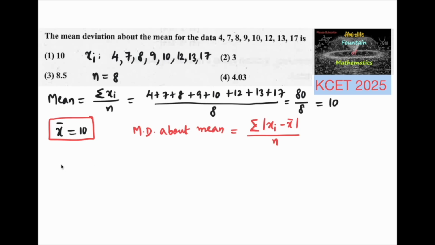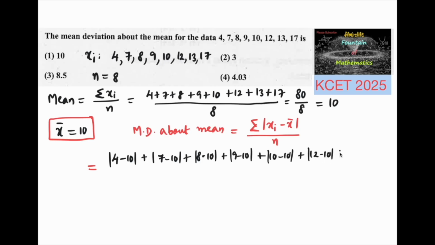So let us find the differences, which is equal to 4 minus 10 plus 7 minus 10 plus 8 minus 10 plus 9 minus 10 plus 10 minus 10 plus 12 minus 10 plus 13 minus 10 and then 17 minus 10.